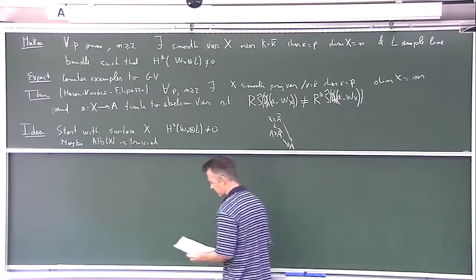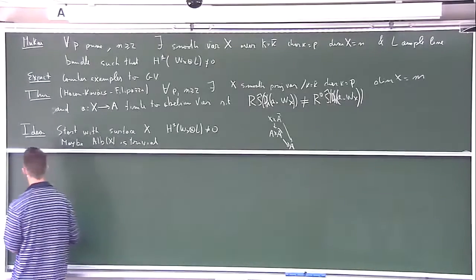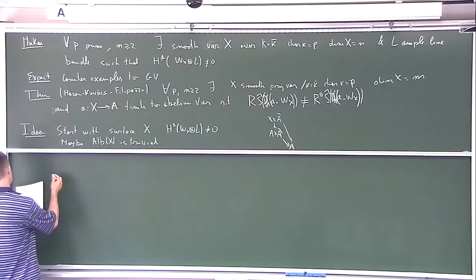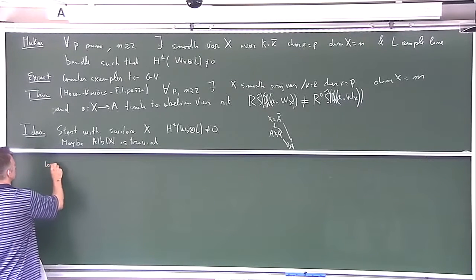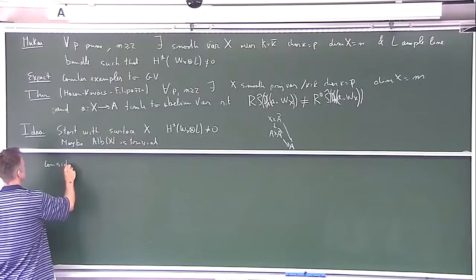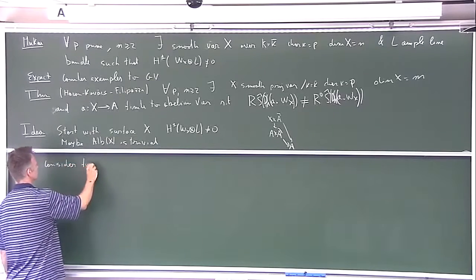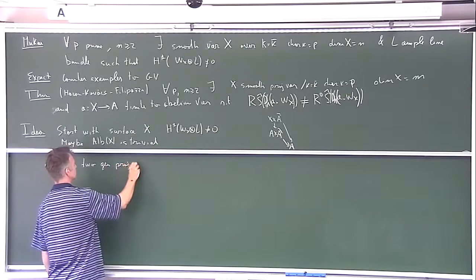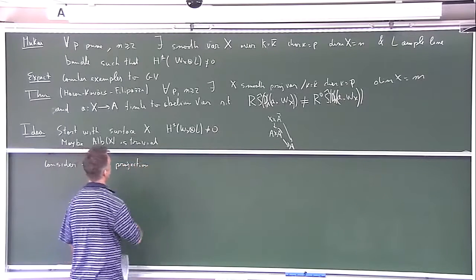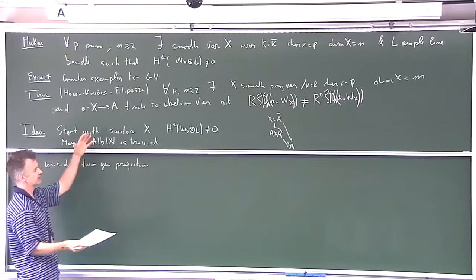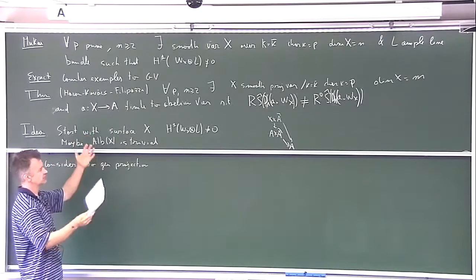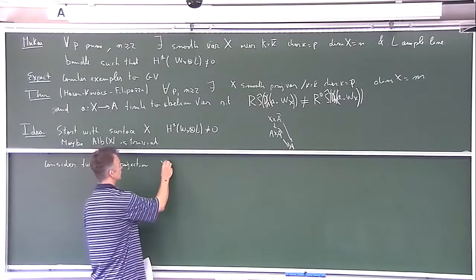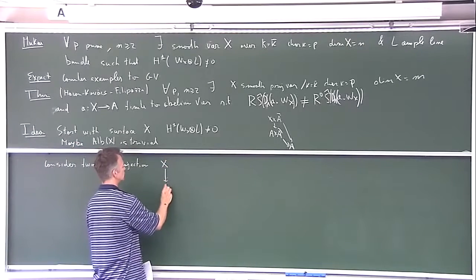Okay, so what I'm going to do is consider two generic projections. I'll explain it in a second. You think of X as being embedded in projective space by some sufficiently ample line bundle, and you keep projecting until eventually you get a projection from X to P2.